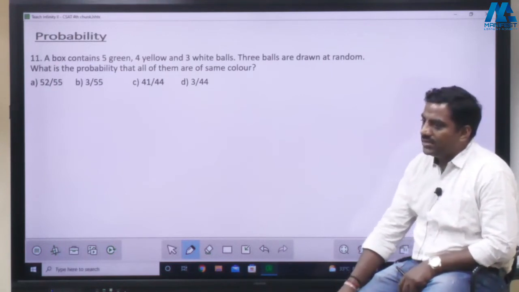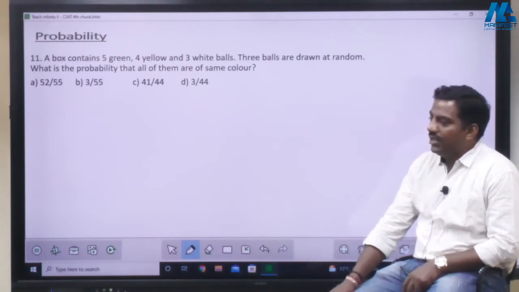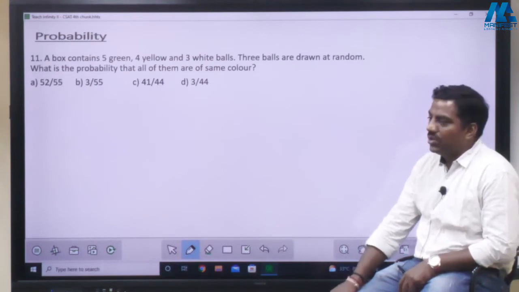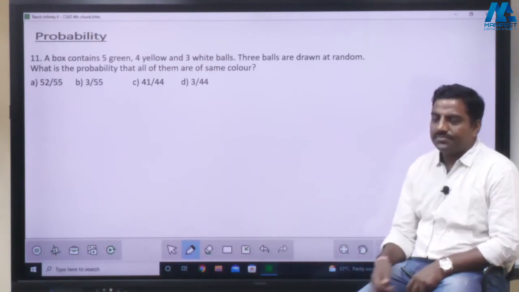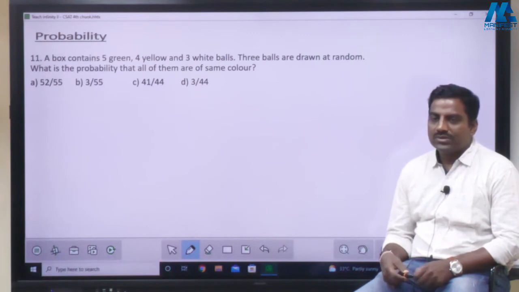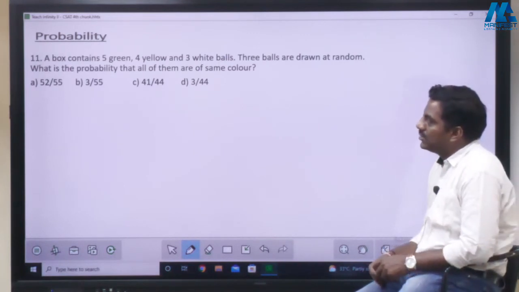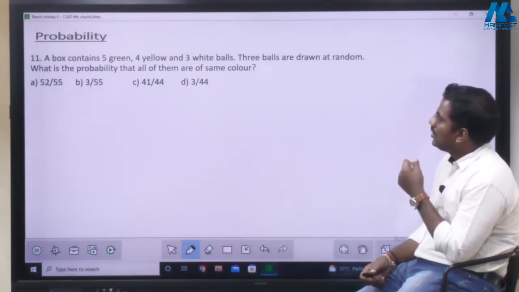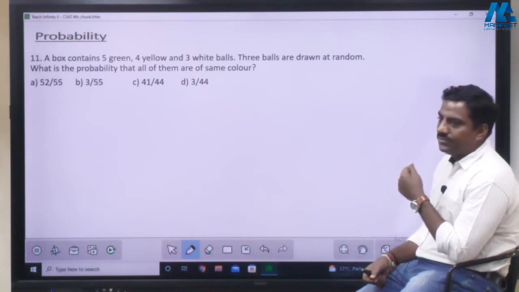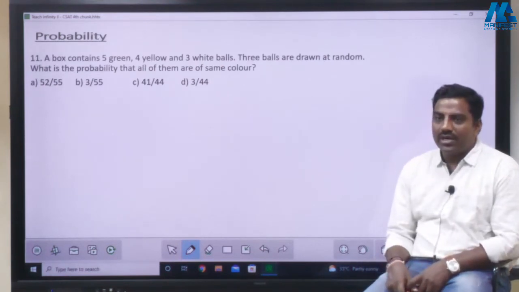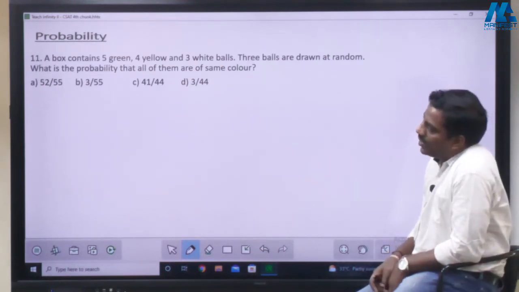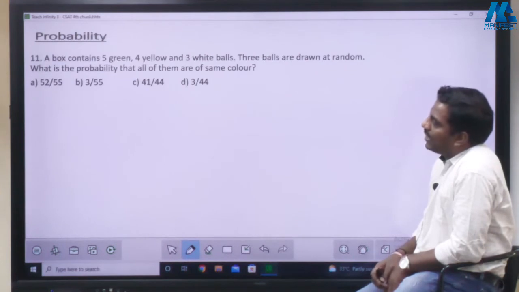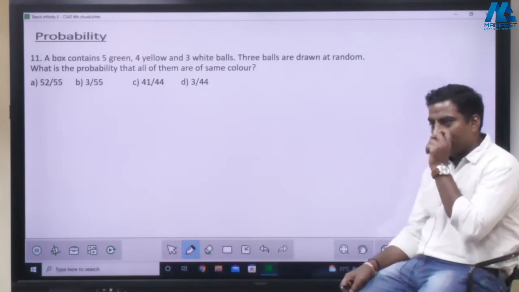A box contains 5 green, 4 yellow and 3 white balls. 3 balls are drawn at random. What is the probability that all of them are of the same color?